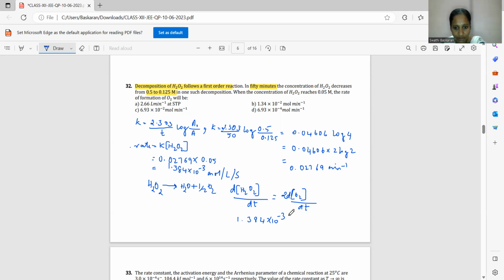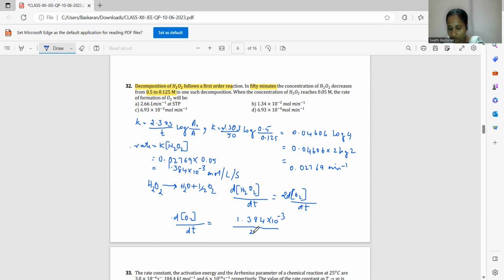So now we need to determine only for oxygen, right? So how do you do? So it becomes, let me write, d of O2 by dt will be equal to this value, then divided by 2.